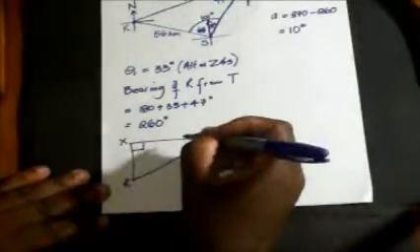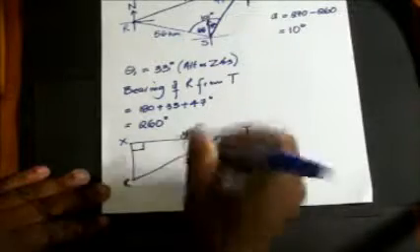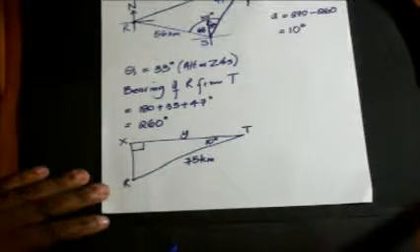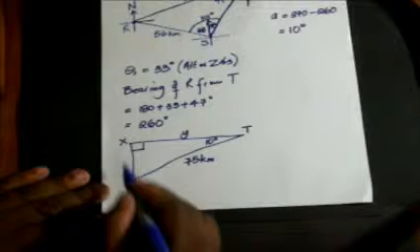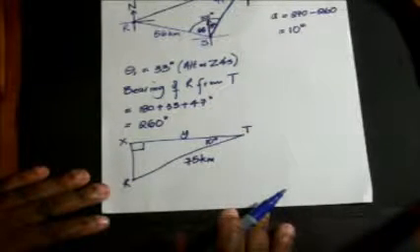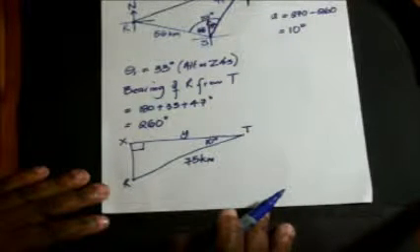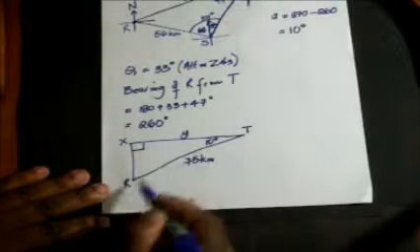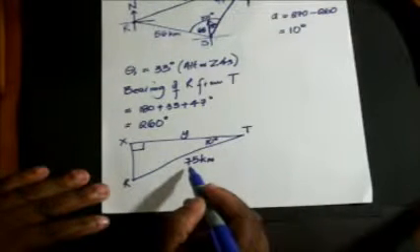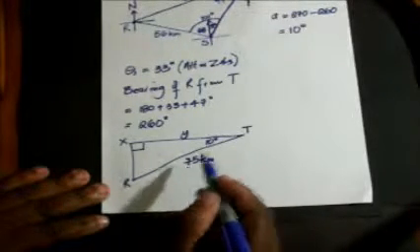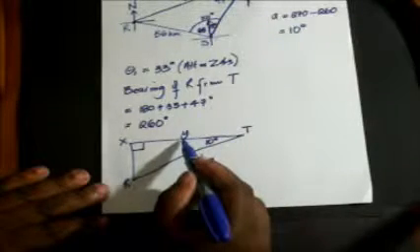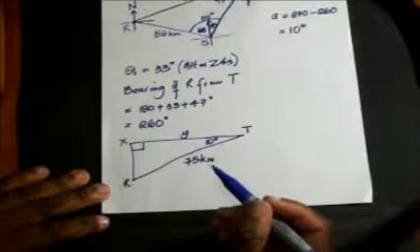Let us call that length y. Ladies and gentlemen, triangle XRT is a right angle triangle, where TR, the 75 kilometers, is the hypotenuse, and side y is the adjacent.